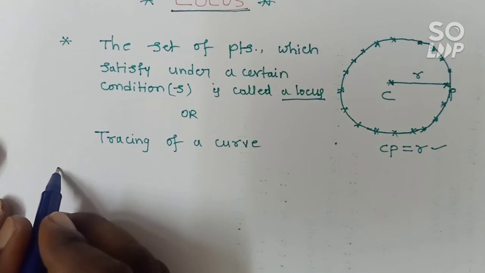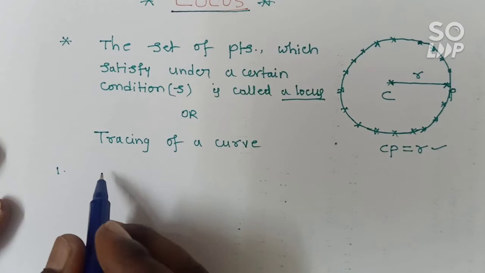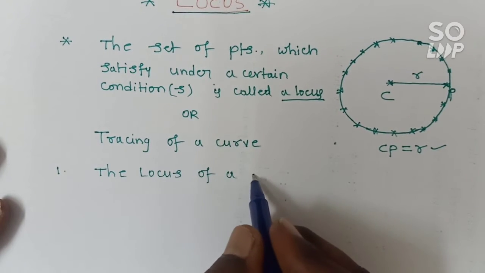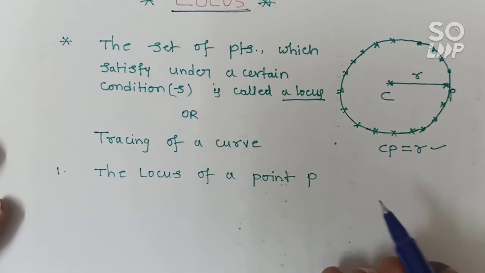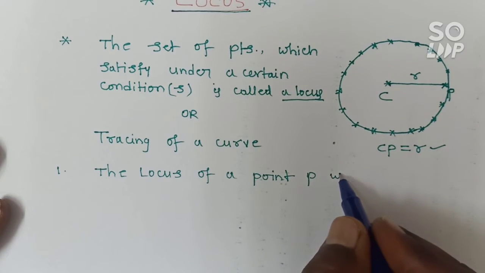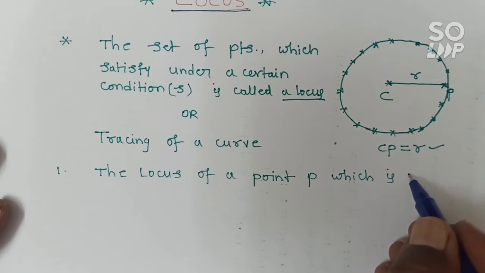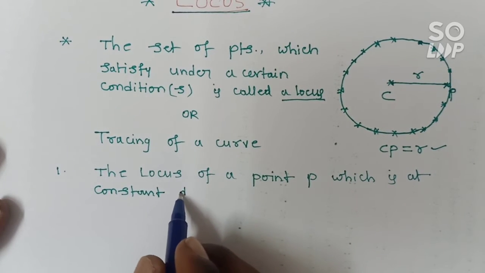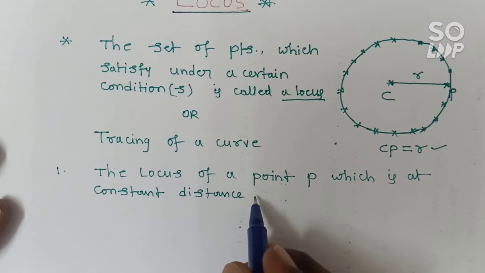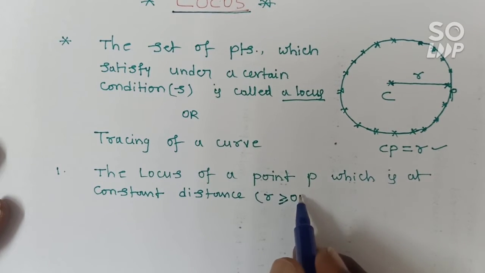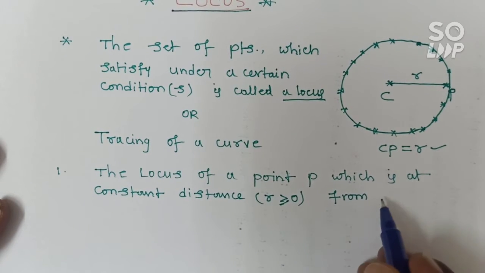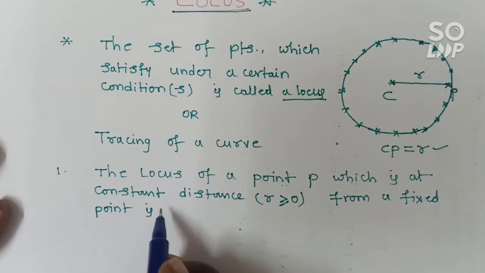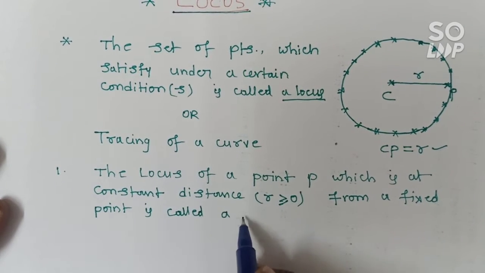See, the first one is this. The locus of a point P which is at a constant distance, let this be R, which is always positive or 0, from a fixed point is called a circle.